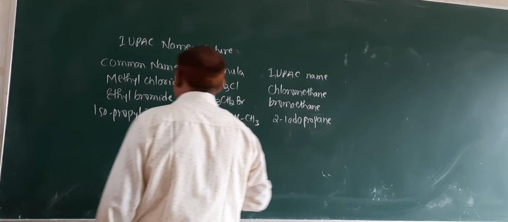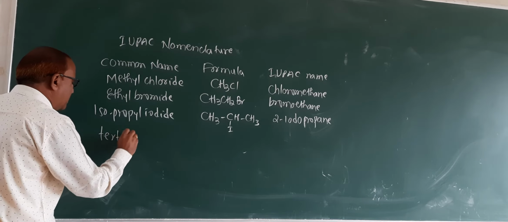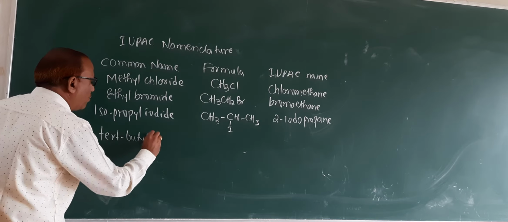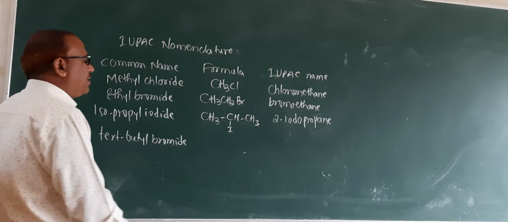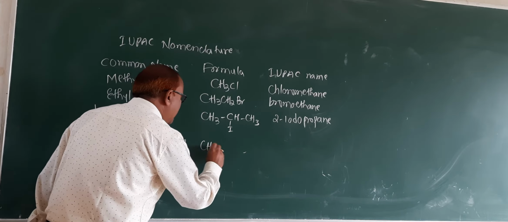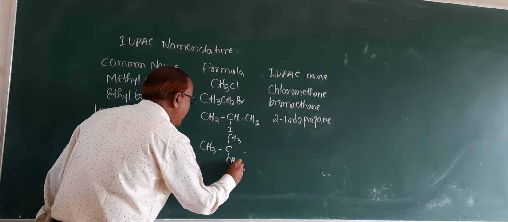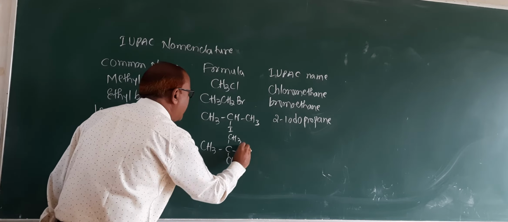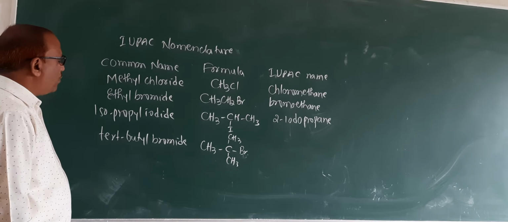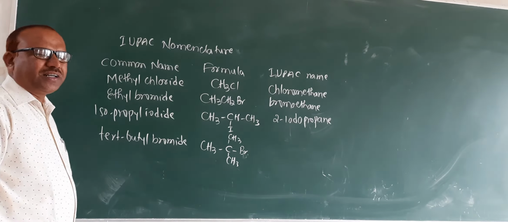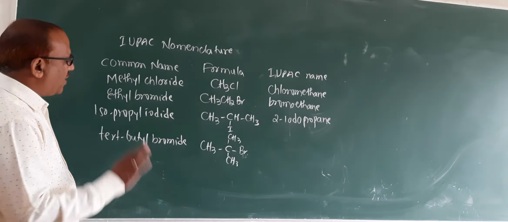You can have tertiary butyl bromide. Tertiary butyl bromide is important. That is CH3, CH3, CH3 with Br attached to that carbon. It is called tertiary butyl bromide, or tert-butyl bromide, or t-butyl bromide.